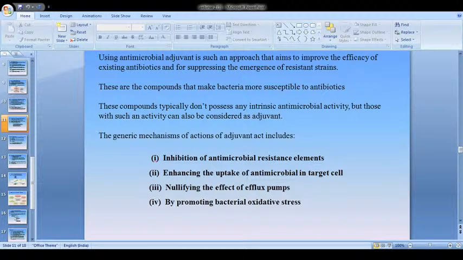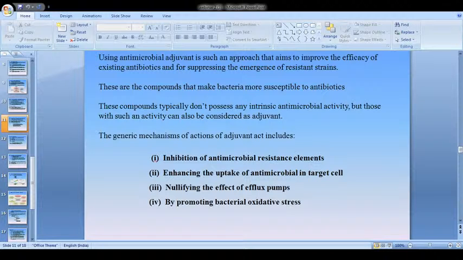For the inhibition of antimicrobial resistance elements, here is the addition of a beta-lactamase inhibitor to the beta-lactam antibiotic, thus preventing the cleavage of the beta-lactam ring and maintaining its efficiency against the gram-positive bacteria.